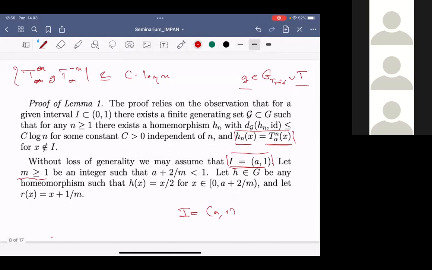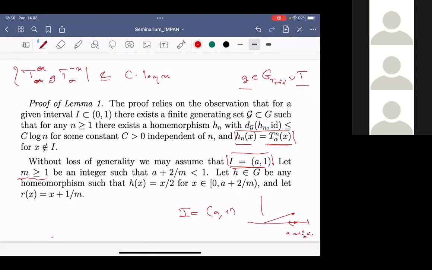And now we take this homeomorphism, you know already, namely we take h from G such that h of x is x over 2 for all x on the interval from 0 to a plus 2 over m. We know that a plus 1 over m is less than 1.